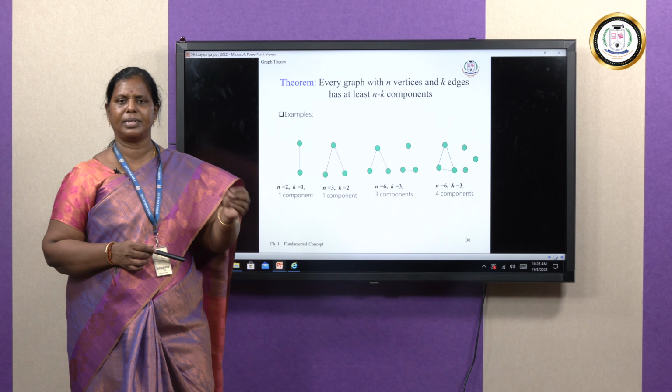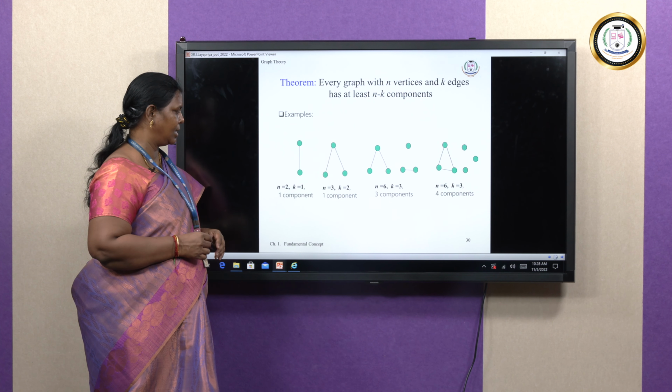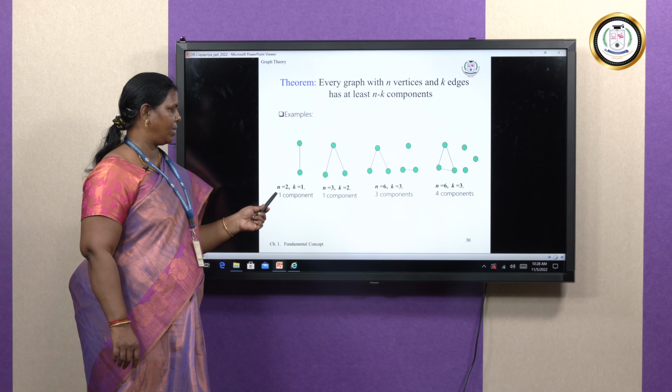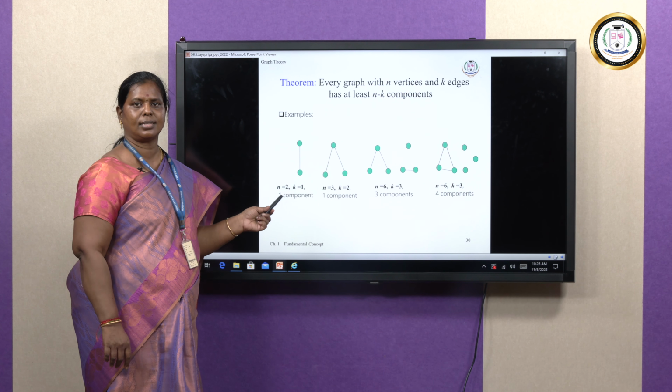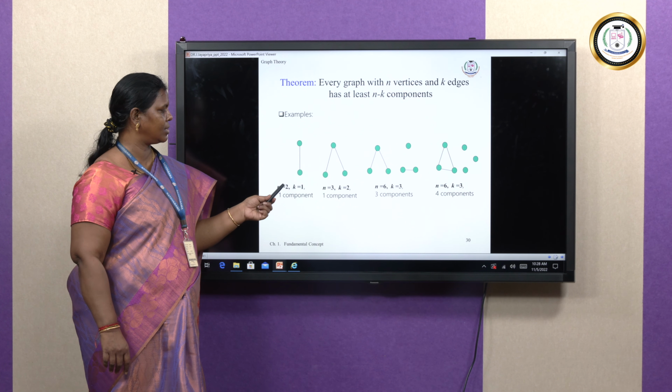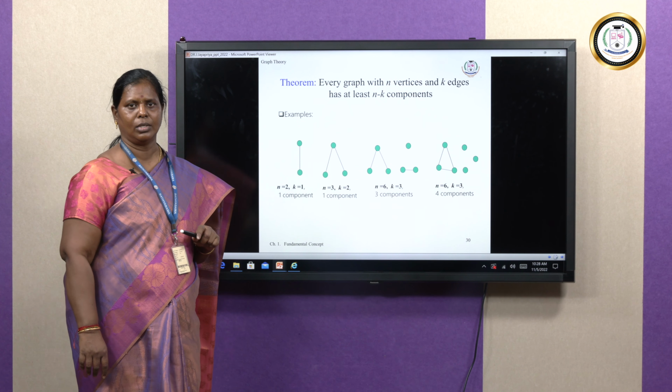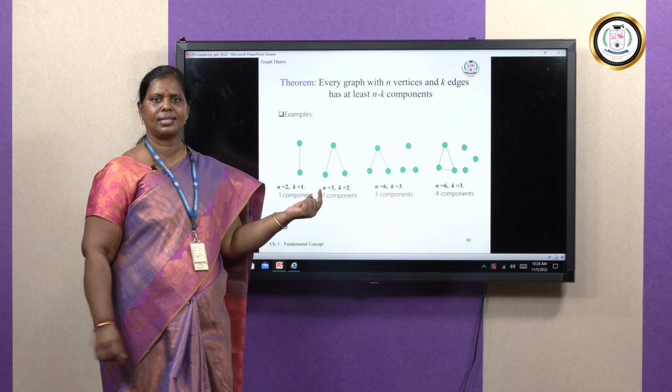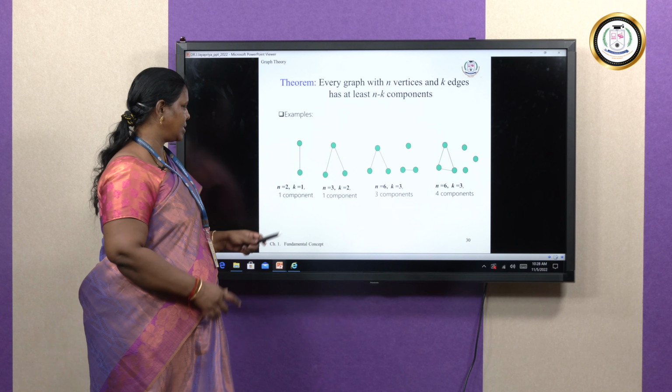So, let us just peep inside some examples here. The first is an example where there are two vertices. Whenever there are two vertices and the number of edges is 1, we have one component.